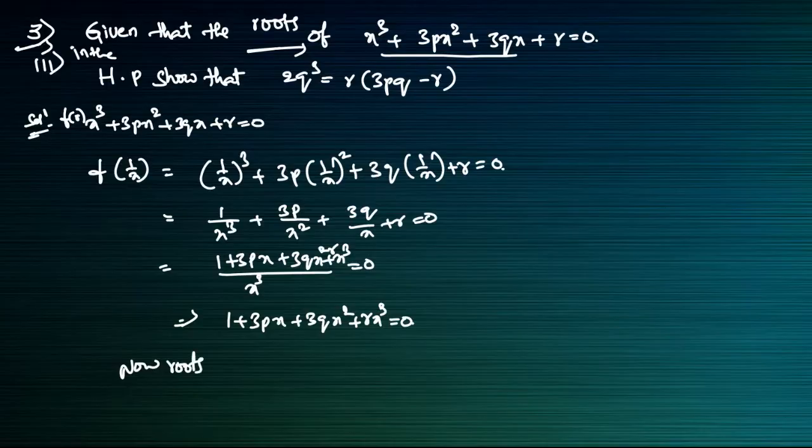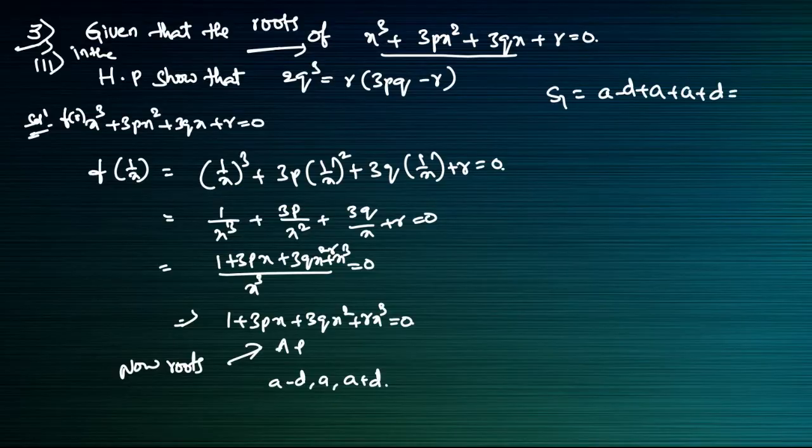Now the roots of this given equation: if they are in AP, we will take them as a minus d, a, a plus d. So here the sum of roots is a minus d plus a plus d. Taking the equation as r x cube plus 3q x square plus 3px plus 1 is equal to 0, the sum of roots is minus b by a, which means minus 3q by r.